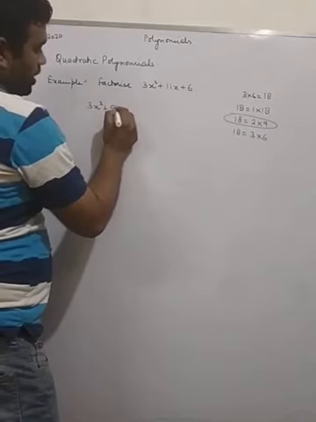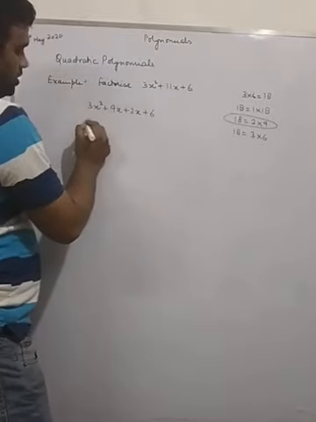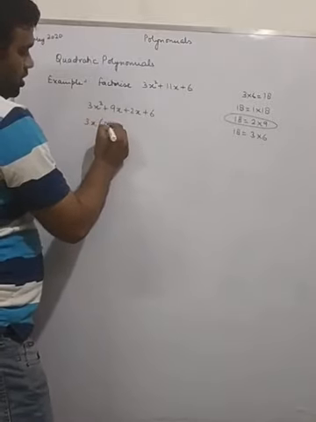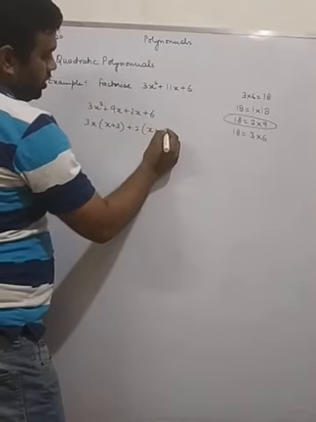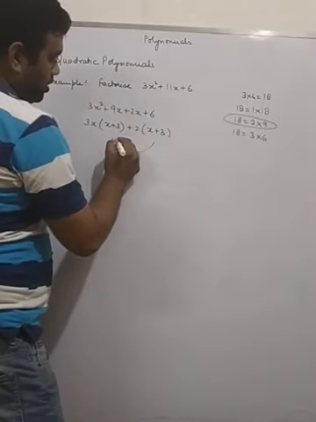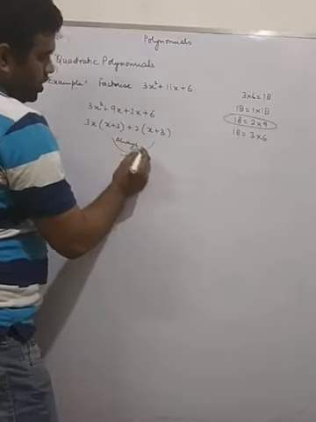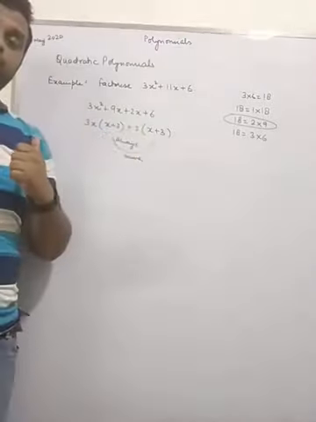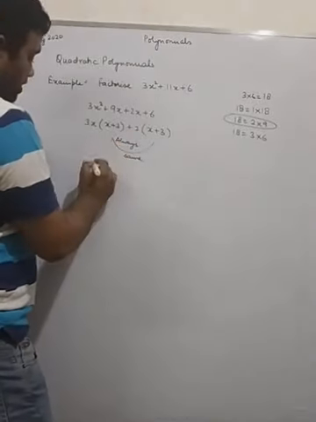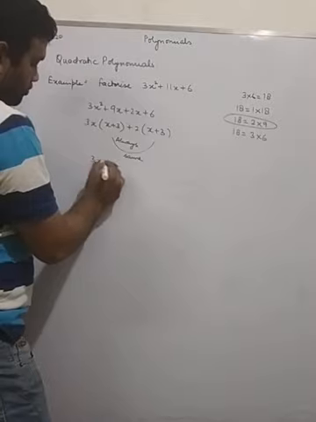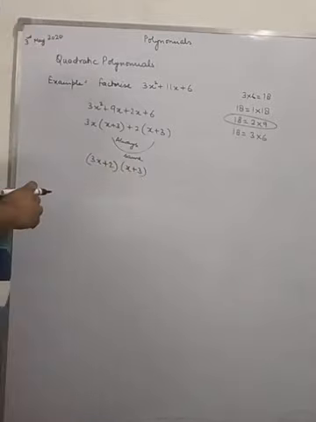So 9x plus 2x plus 6. After this we take 3x common here, x plus 3, and from here we take 2 common, x plus 3. Now this should always be the same. If these two terms are not coming the same, it means there is some problem in your factorization. After that, 3x plus 2 and x plus 3 will be our final answer.